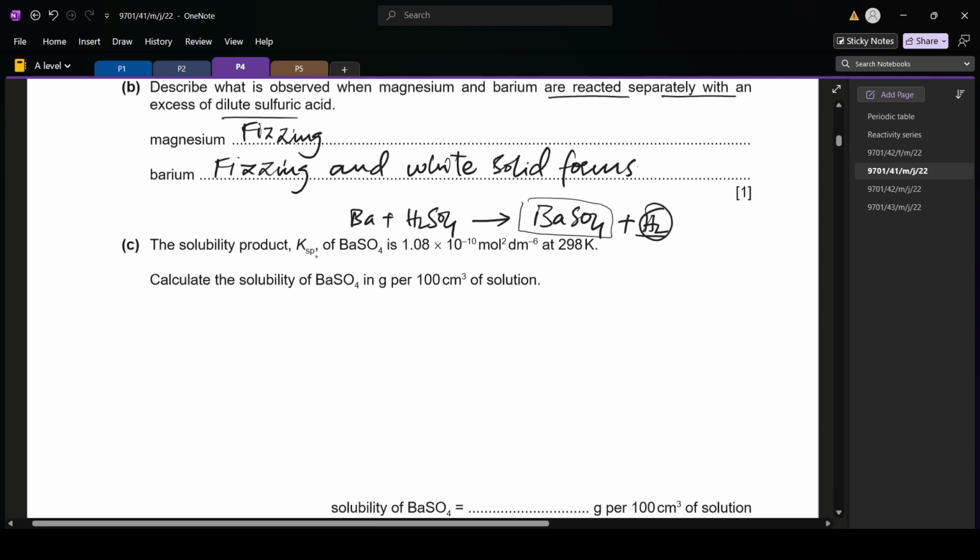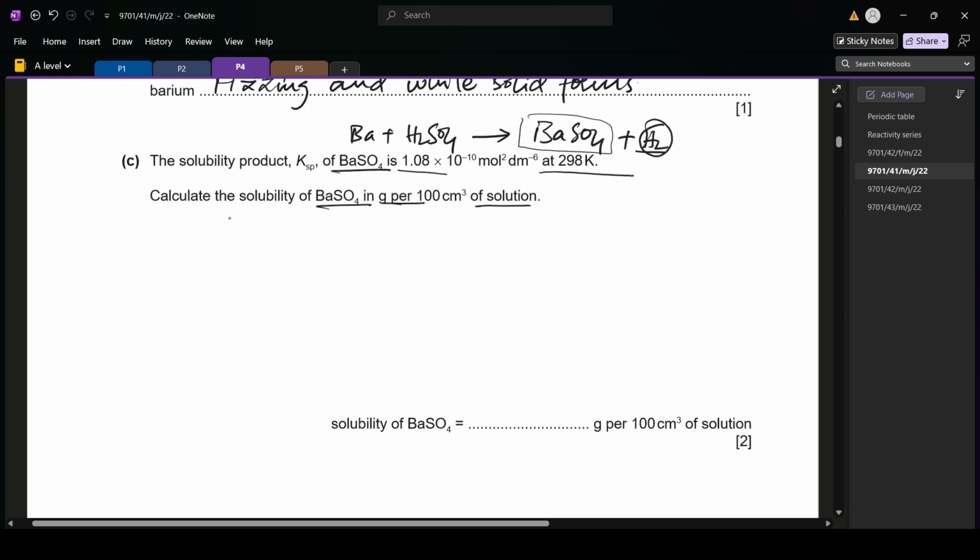Part C: the solubility product Ksp of barium sulfate is 1.08 × 10^-10 mol^2 dm^-6 at 298 Kelvin. Calculate the solubility of barium sulfate in gram per 100 cm³ solution.